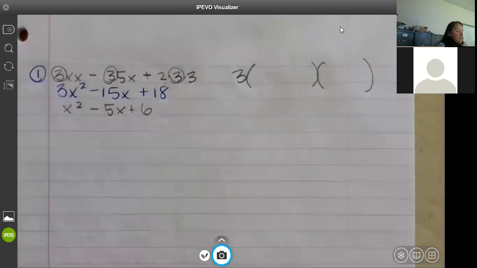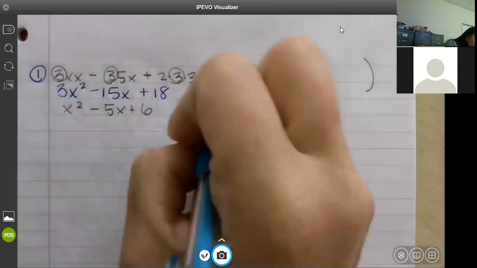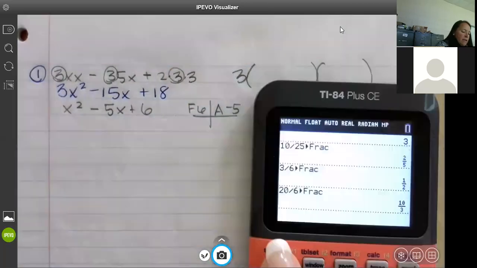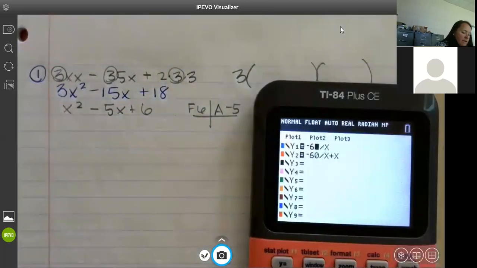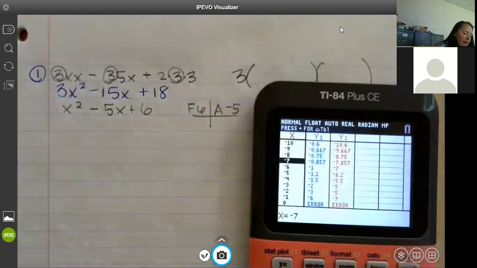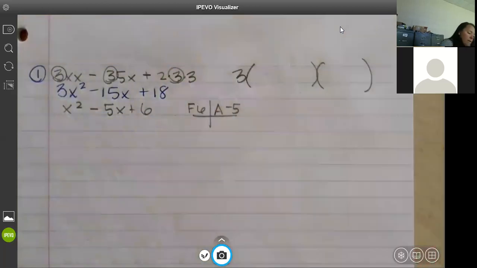So I need factors of 6 that add to -5. Again, if you need your calculator, this will probably be the last time that I do this. Factors of 6 that add to -5. So those are -3 and -2.